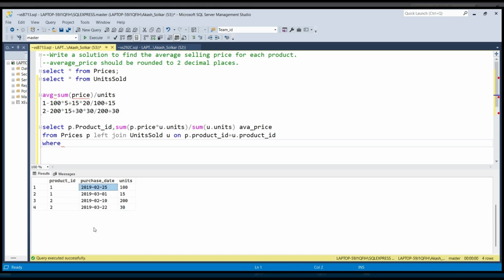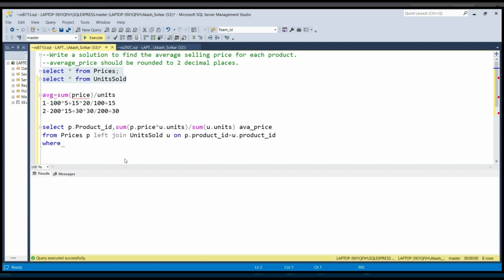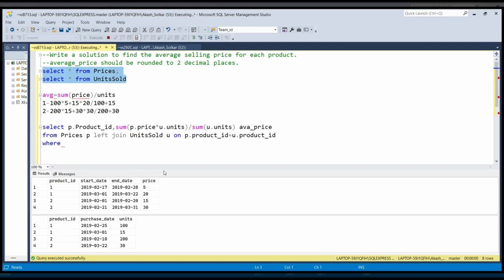But there is one condition we need to write: the purchase date comes between the start date and the end date. We can mention that in a where clause, depending on your skill.